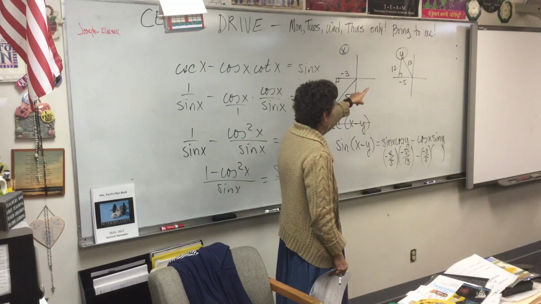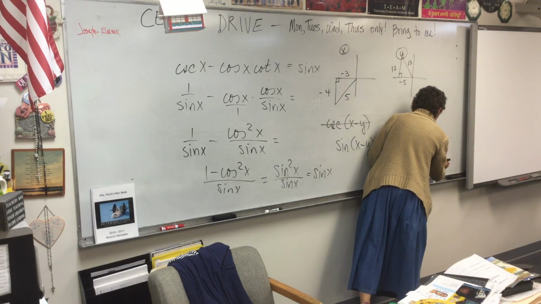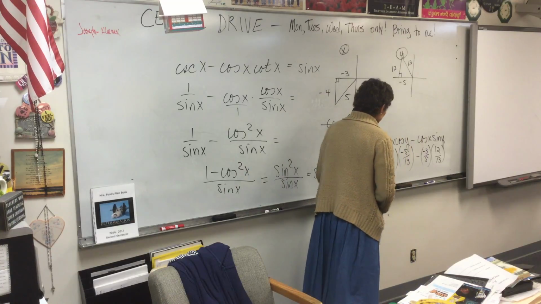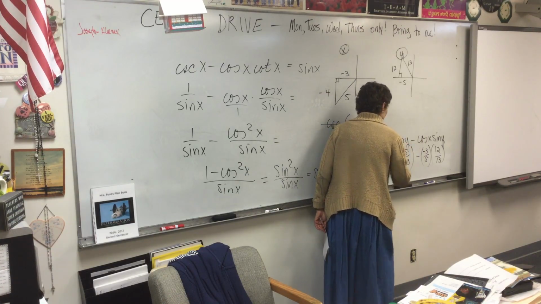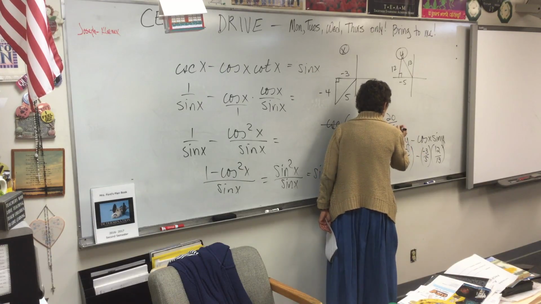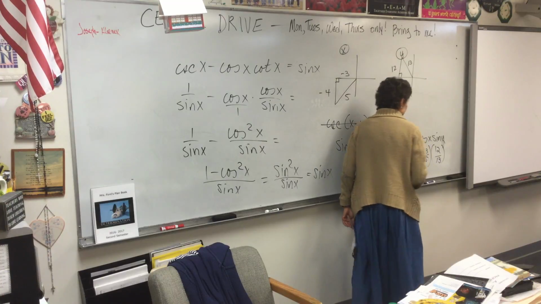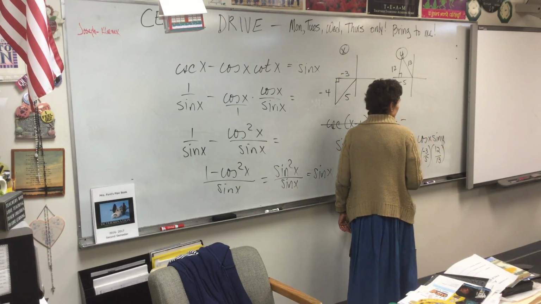What's the sine of Y? 12/13. All right, now let's multiply. What do I get here? Don't reduce. Don't reduce. Just straight across. What do you get? 20/65. Minus, and this is why I didn't want you to reduce. What's this one going to turn out to be?